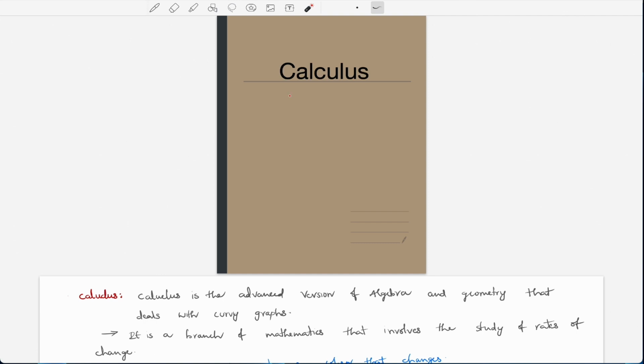Calculus is just a branch of mathematics that deals with the finding and properties of derivatives and integrals of a function. In simple words, calculus is a branch of mathematics that deals with the rate of change: how much this changes when that changes.